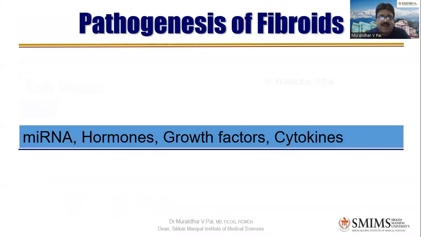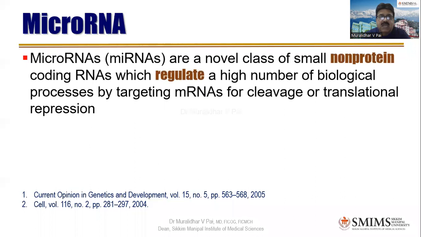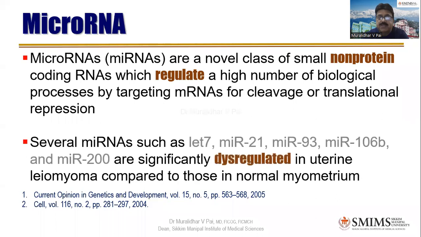Finally, I am coming to miRNA, hormones, growth factors, and cytokines. MicroRNAs, miRNAs, are a novel class of small non-protein coding RNAs, which regulate a high number of biological processes by targeting mRNAs, messenger RNAs, not microRNA, for cleavage or translational repression.